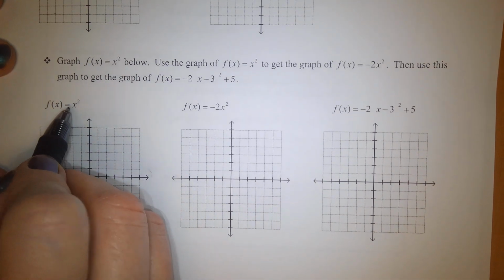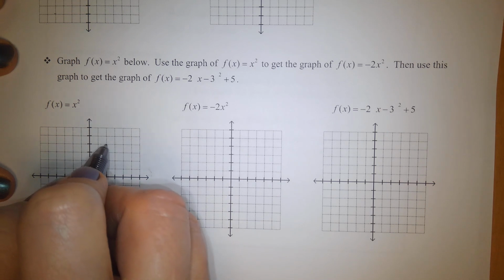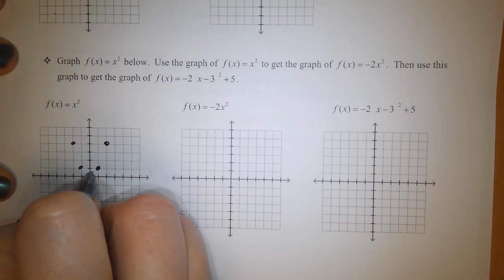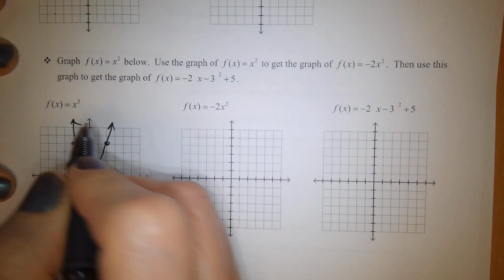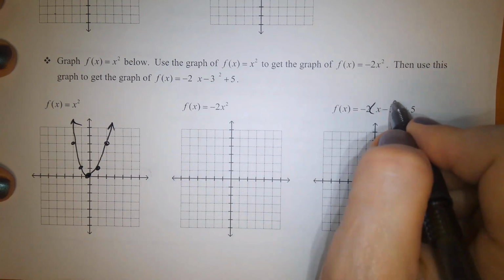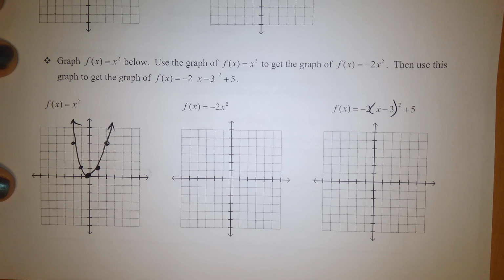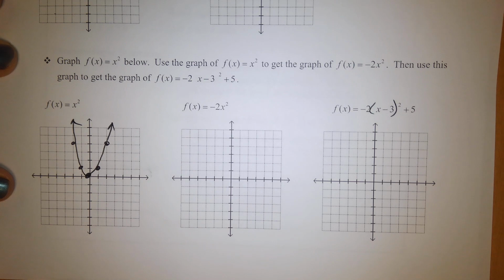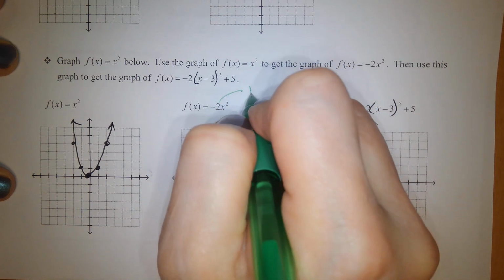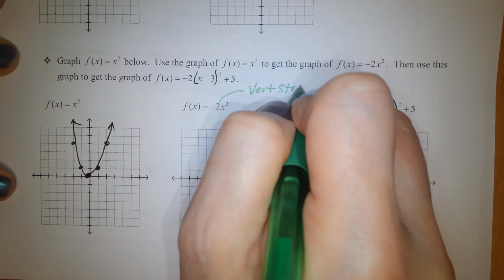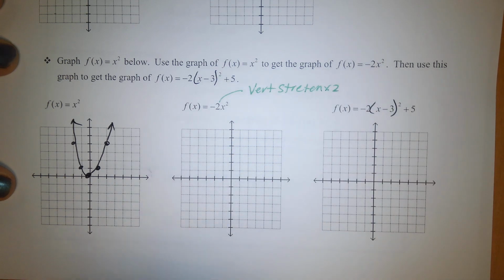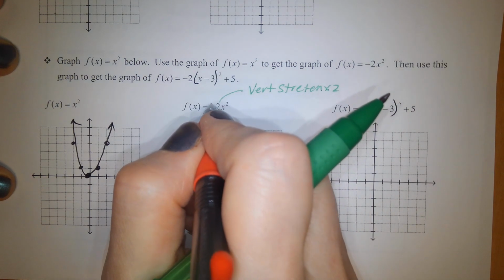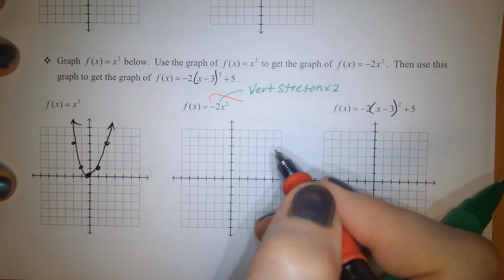Here we're asked to graph x squared and then we're asked to also do these reflections in addition to that. So there's a couple of things we need to do. The first thing it wants us to do is do the reflection first. There's actually 2 transformations that are occurring here. There is a vertical stretch times 2, and then there's also a negative on the outside of the function.